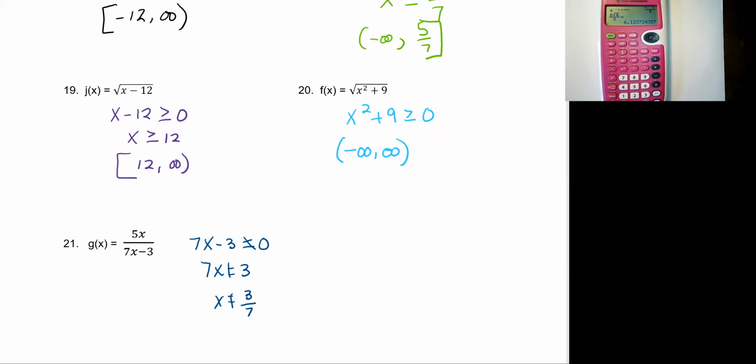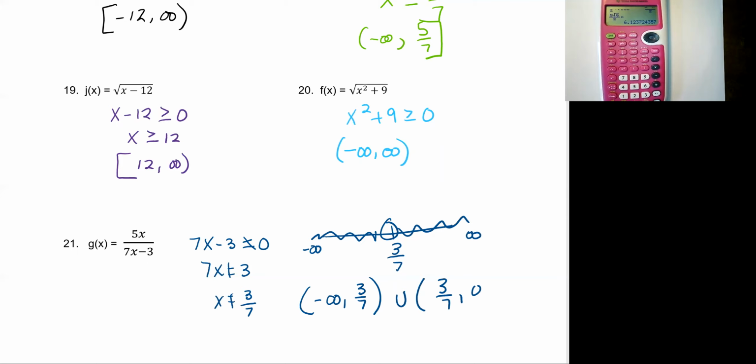X cannot equal 3/7. So if I draw this on a number line just to help me graph it, or to get the interval, I mean, I can have every number except 3/7. So as an interval, it's from -infinity to 3/7, union with 3/7 to infinity.